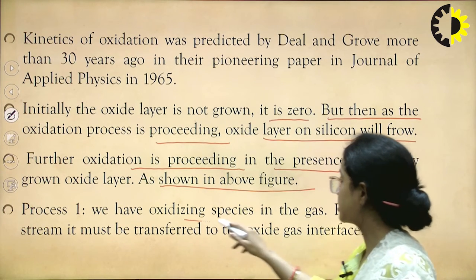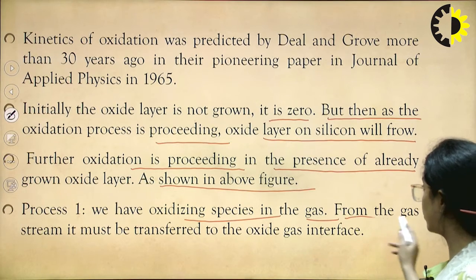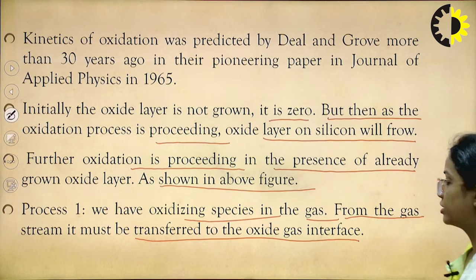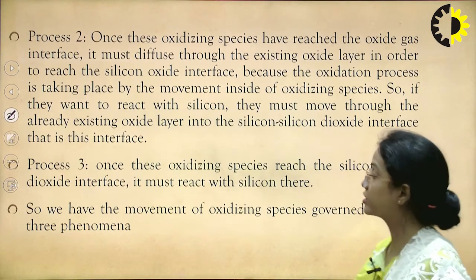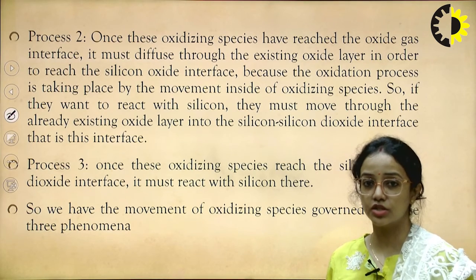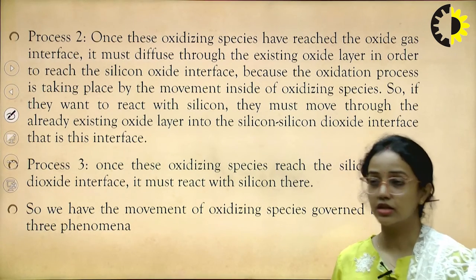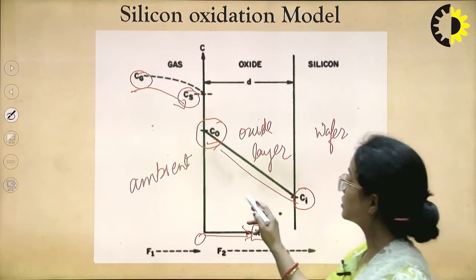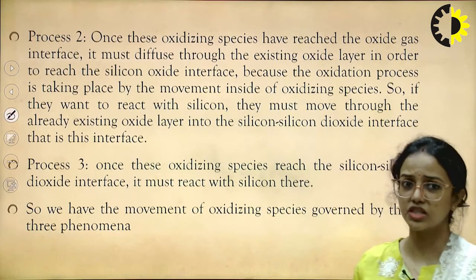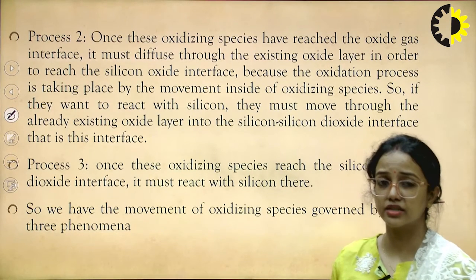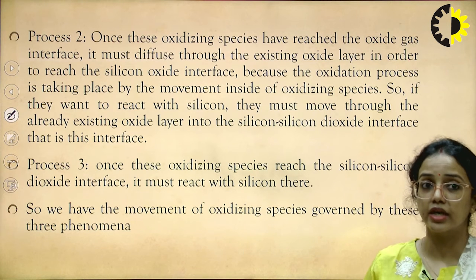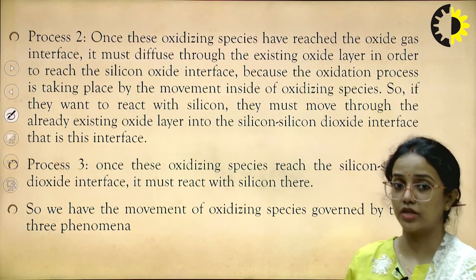We have the oxidizing species in the gas. From the gas stream, it must transfer to the oxide gas interface. Second, once these oxidizing species have reached the oxide gas interface, it must diffuse through the existing layer in order to reach the silicon oxide interface.